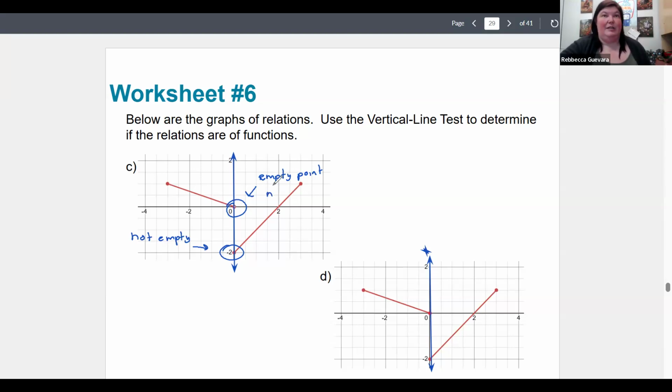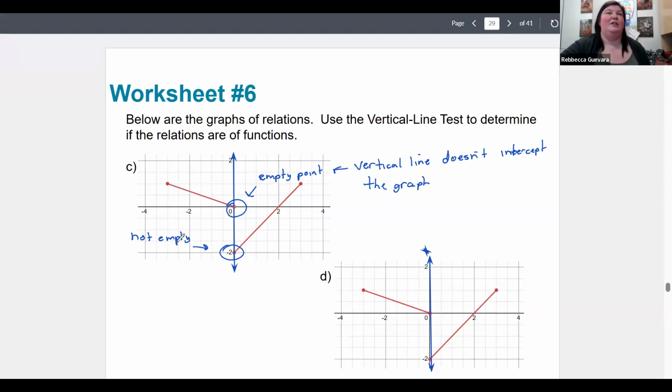The vertical line doesn't intercept the graph of the function, or supposed function.